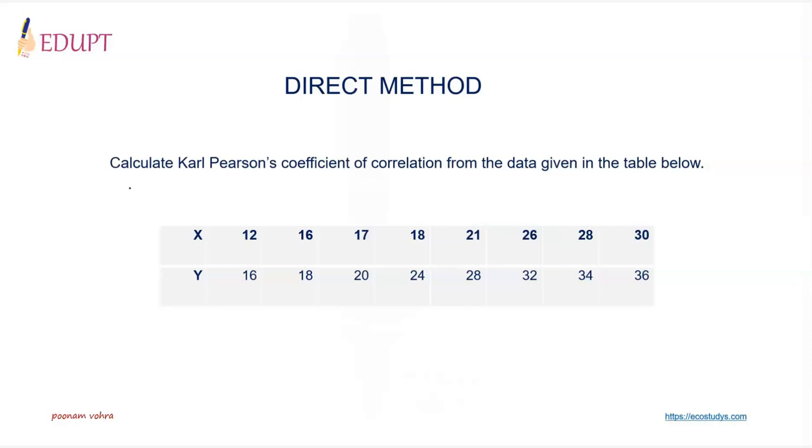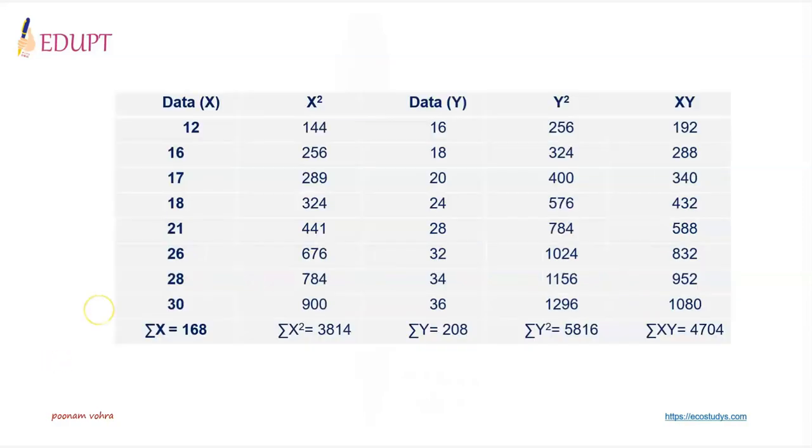Let's understand this method through an illustration. Here the information provided is for two variables x and y, and one needs to find Karl Pearson's coefficient of correlation using the direct method. To find the coefficient of correlation by the direct method, you need to make 5 columns.